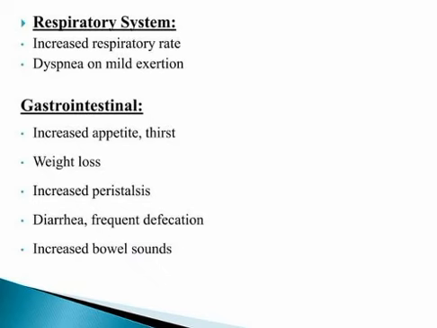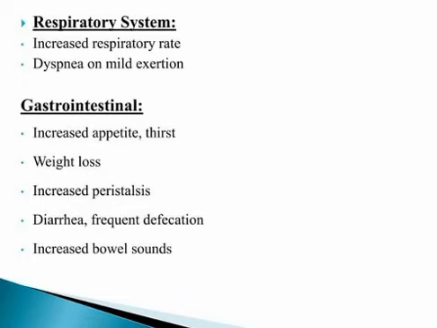Though people suffering from hyperthyroidism have increased appetite and thirst, they have increased metabolism, so they show severe weight loss. Next will be increased peristaltic movement along with diarrhea, frequent defecations, and increased bowel sounds.